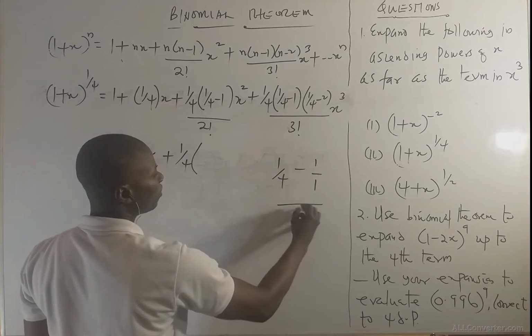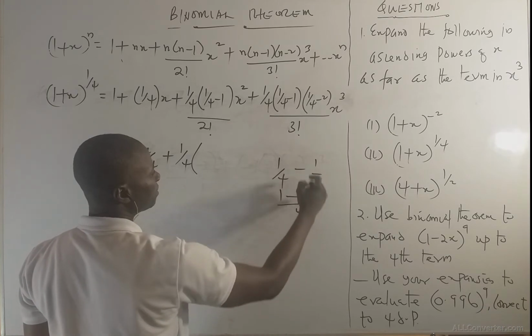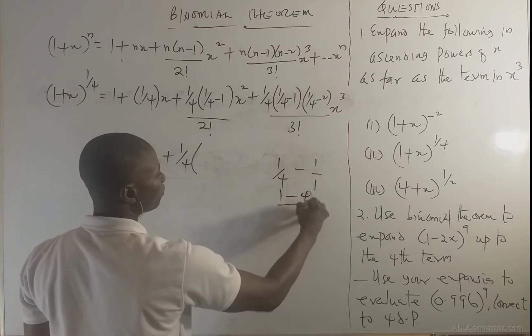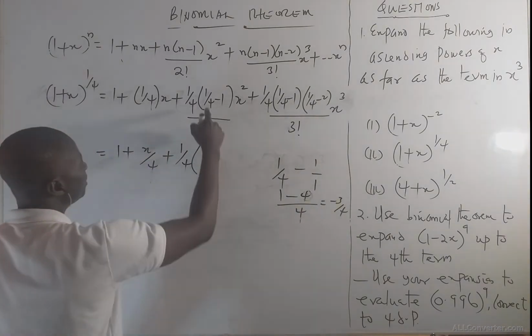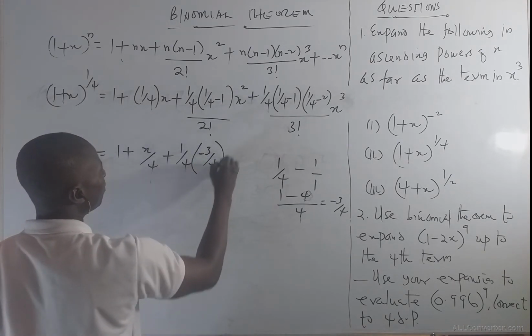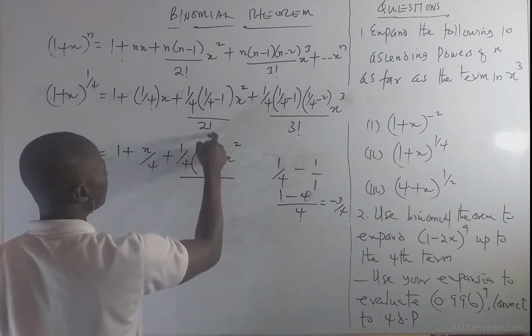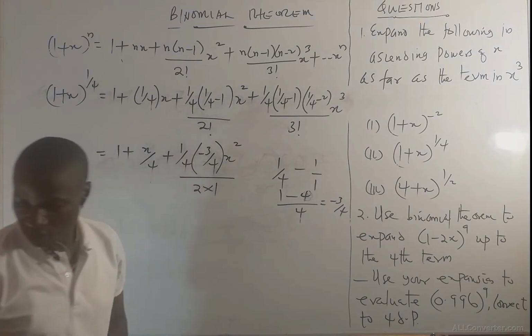LCM is 4. 4 into 1, 1 times 1 is 1. 4 into 1, 4 times 1 is 4. So 1 minus 4 is minus 3 on 4. So that means 1 on 4 minus 1 is minus 3 on 4. Okay, don't forget we have x squared here over 2 factorial, which is 2 times 1. Okay, then now let's take this off.